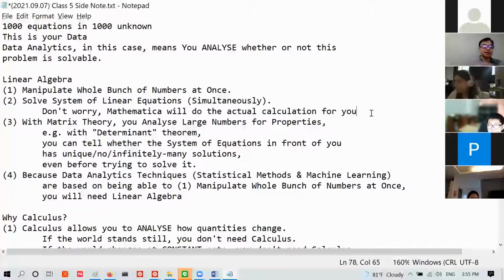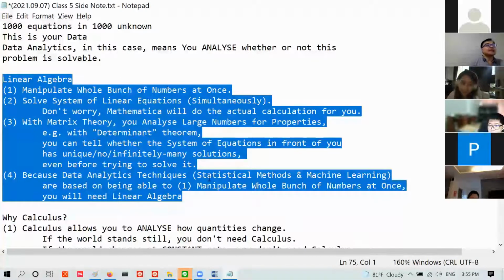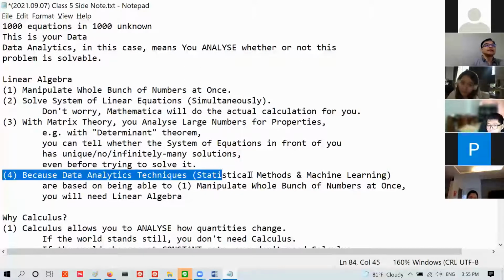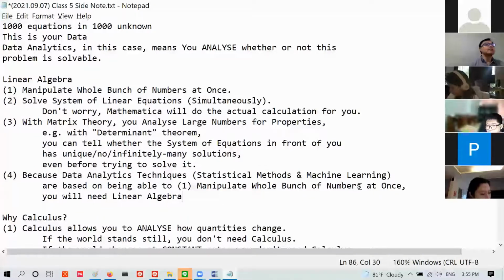Your job here is to learn why you need it. Okay, so this is an example, and data analytics techniques, and in future classes we'll go a lot more into machine learning and statistical methods, and you will see that it requires so much matrix manipulation. That's why you will need linear algebra.